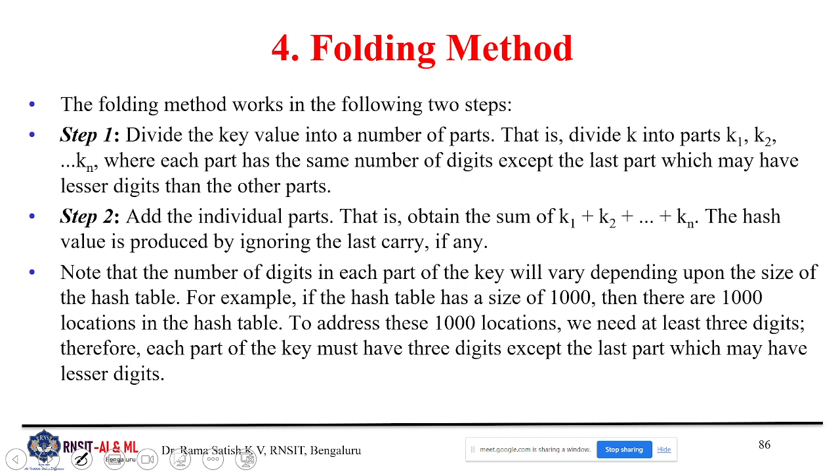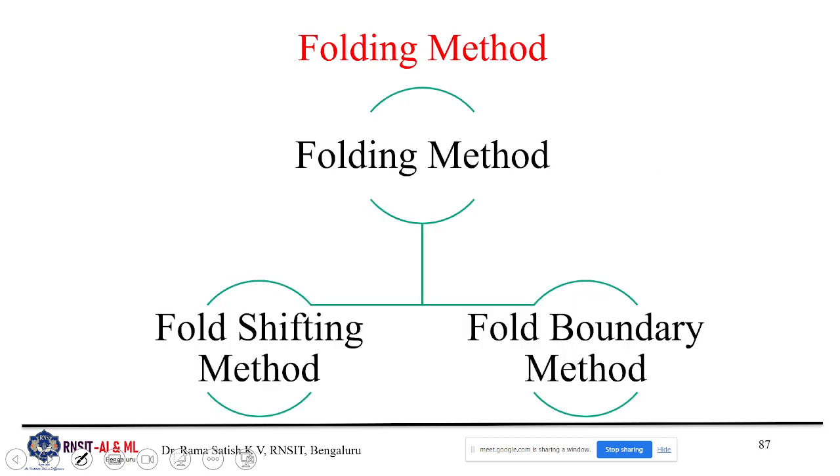For example, for a hash table of size 1000, there are 1000 locations in the hash table. To address these 1000 locations, we need at least 3 digits. Therefore each part of the key must be 3 digits except the last part, which may have fewer digits. So that is the folding method.